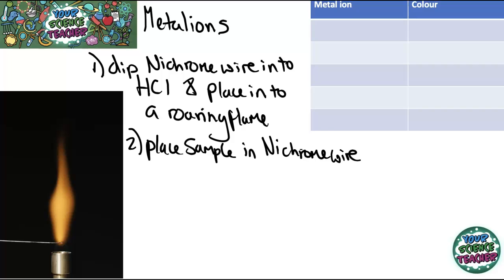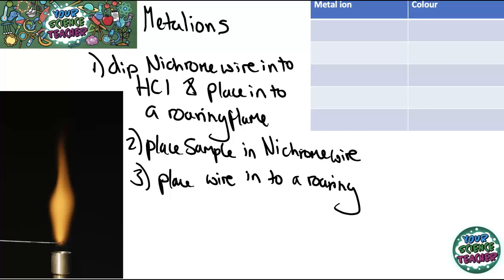So now we've got our sample on our nichrome wire. We're going to place the wire into a roaring flame and observe the colour. Now, depending on what metal ion is present, it will depend on the colour.